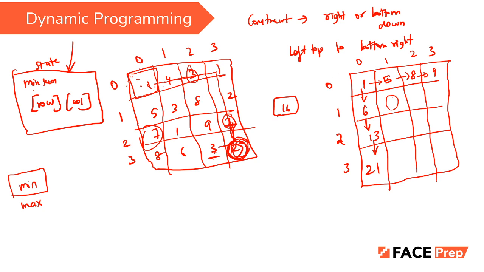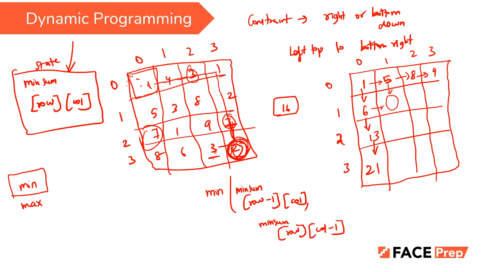Now how do we come here in the minimization problem? Basically we are talking about, hey, I could have come here from this 6 or from this 5. Which is more efficient, to come from 6 or come from 5? So I need to come from 5. So I am going to take the minimum of min sum of row minus 1, column, comma, min sum of row, column minus 1.